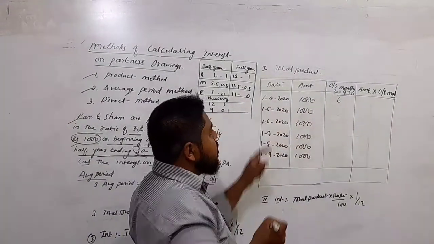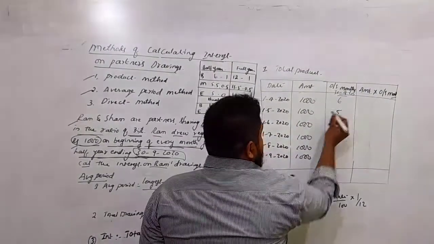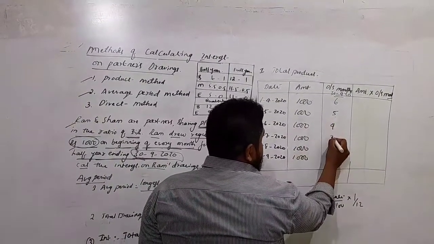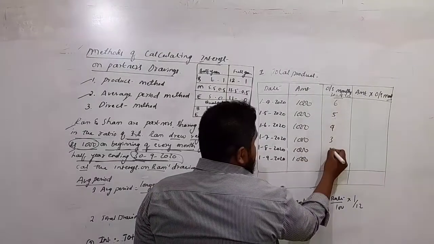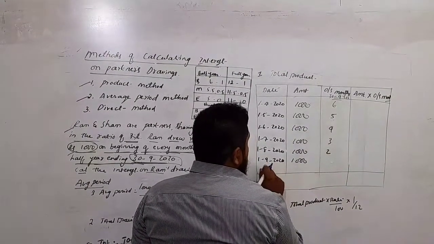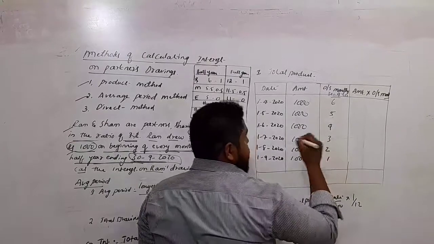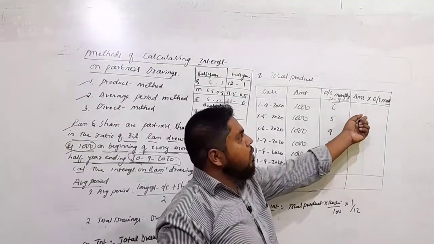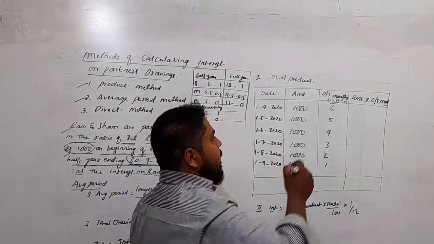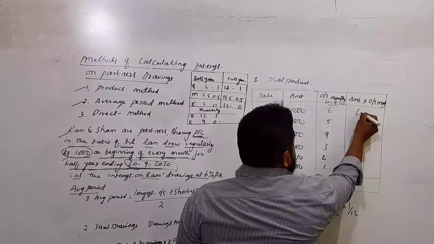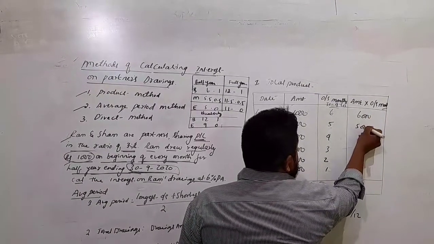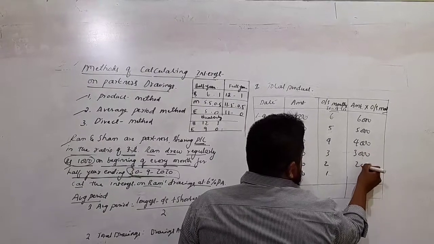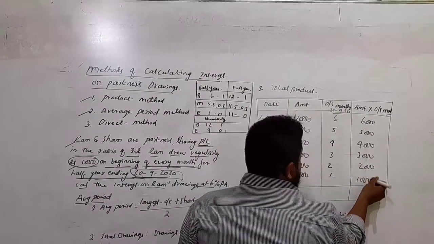And again 1/5 to 30th/9 is 5, 1/6 to 30th/9 is 4, 1/7 to 30th/9 is 3, 1/8 to 30th/9 is 2 and 1/9 to 30th/9 is 1. So these are the outstanding months. Now in the last column, amount into outstanding months, you multiply 1000 into 6, 5, 4, 3, 2, 1, giving 6,000, 5,000, 4,000, 3,000, 2,000, 1,000.